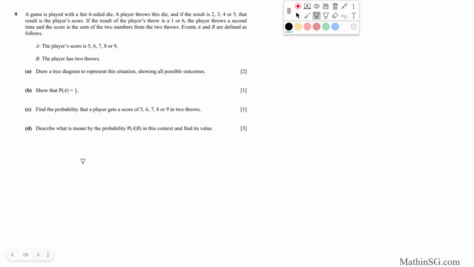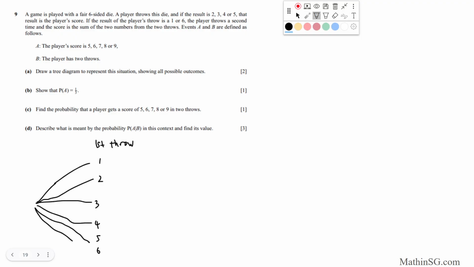So in short, the first throw, you can have 1, 2, 3, 4, 5, 6, right? Then the probability for each one of them is 1 over 6 because it's a fair 6-sided die.